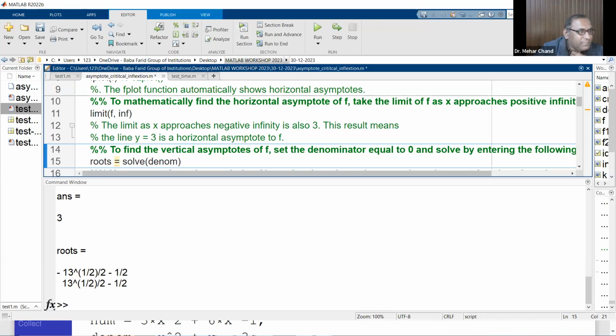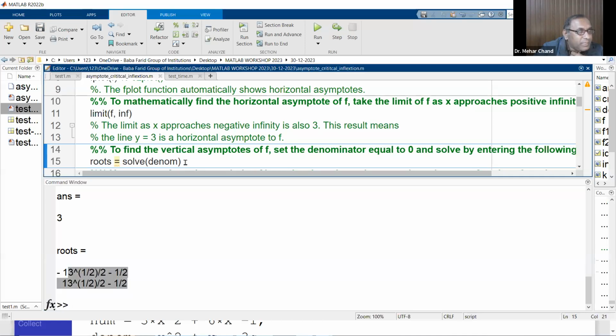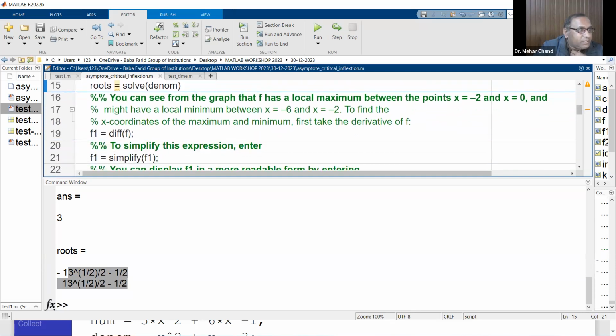Now check it. Yes, these are the values. If you want to print the value in MATLAB, then you have to remove the semicolon or you need to display the value. Only then will this value appear in MATLAB. So these are the roots of the above equation.